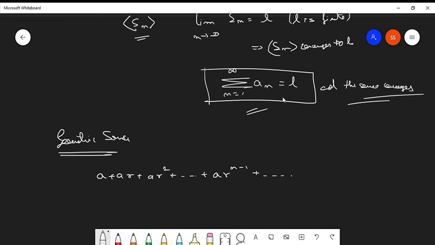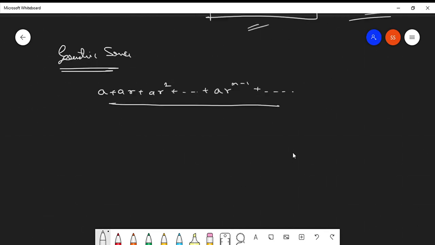Whether this will converge or diverge is what we need to see. So we can represent this as the sum n equals 1 to infinity a r to the power n minus 1. This is what this infinite series can be represented as.